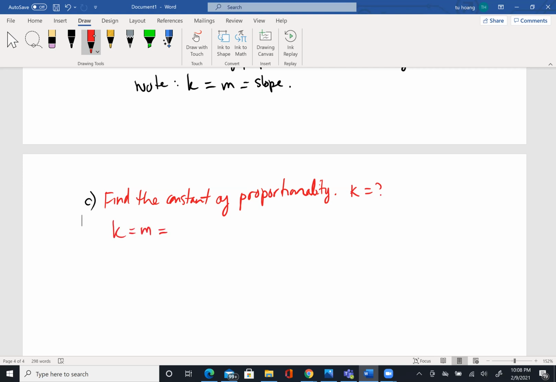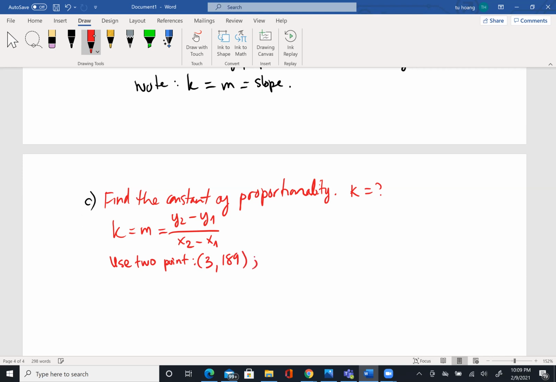and I can just use the formula as y2 minus y1 over x2 minus x1, right? I'm going to use 2 points. So one is 3, 189.